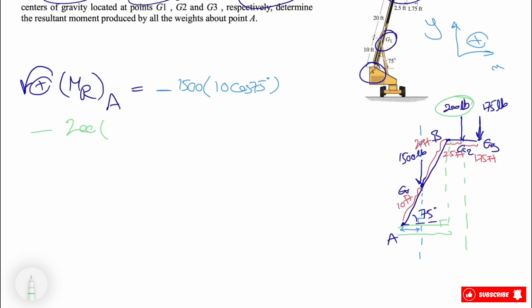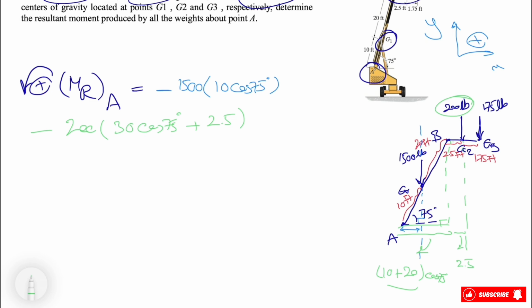Here we know it's 2.5, and for finding that one we basically have the hypotenuse, which is 10 plus 20 times cosine of 75. So the distance will be 30 times cosine of 75 degrees plus 2.5 feet. And this would be the second component.